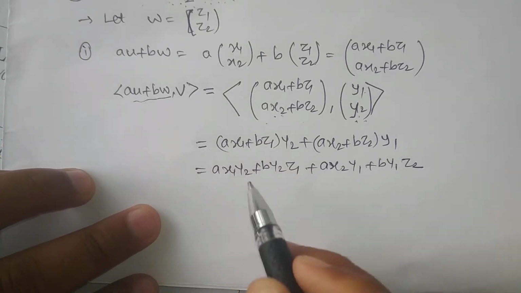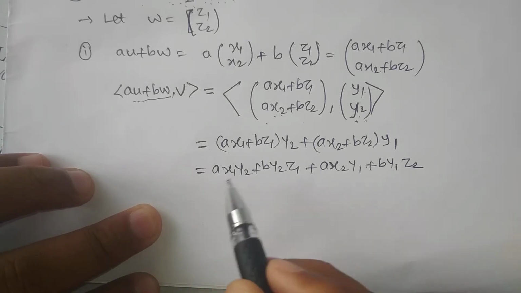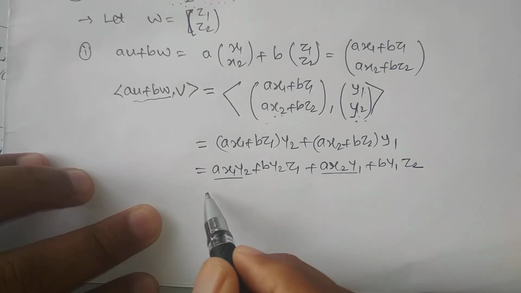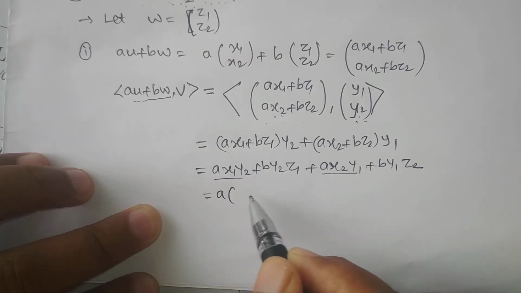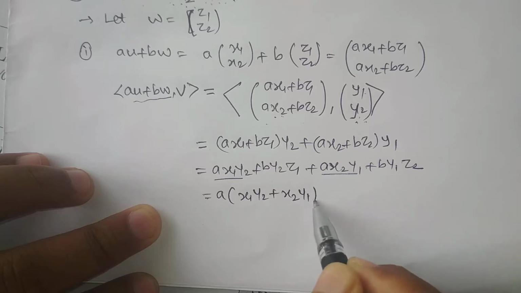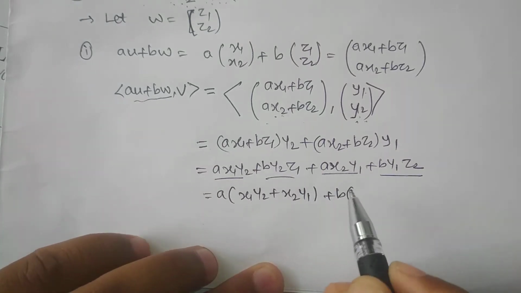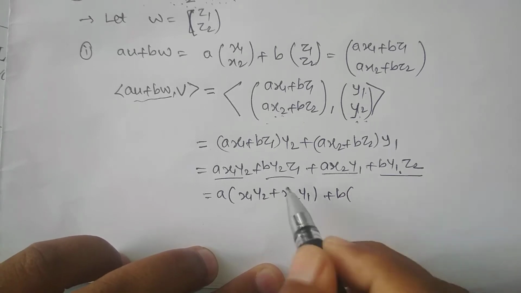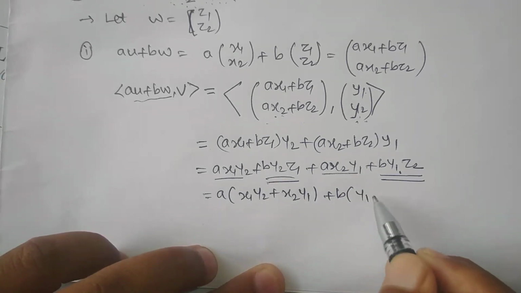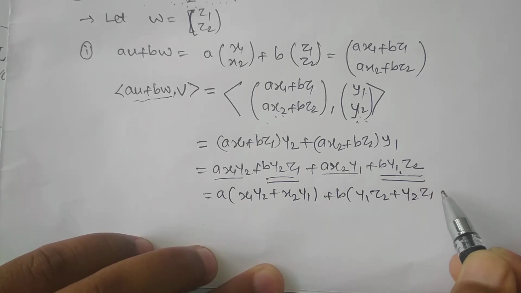Now we try to take a common, so from these terms we get a into x1 y2 plus x2 y1, then b common from the other two terms, b into y1 z2 plus y2 z1.